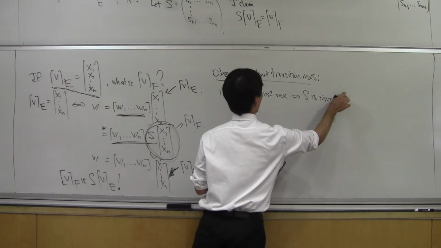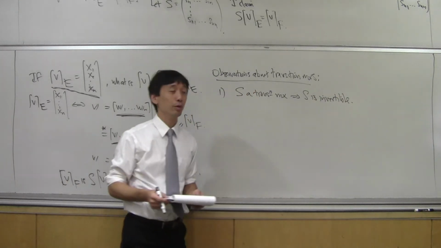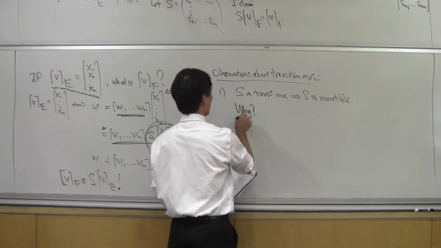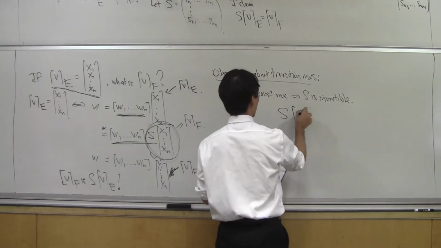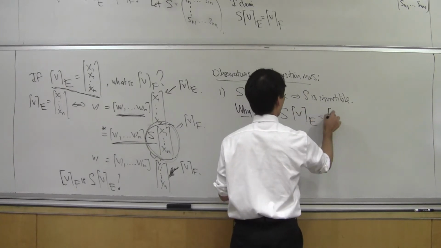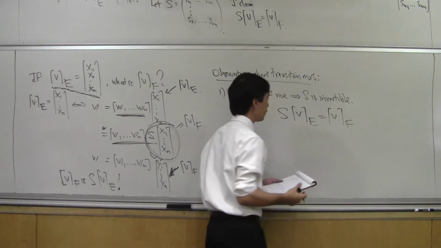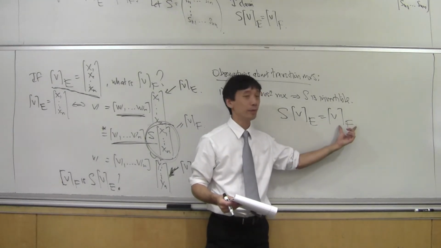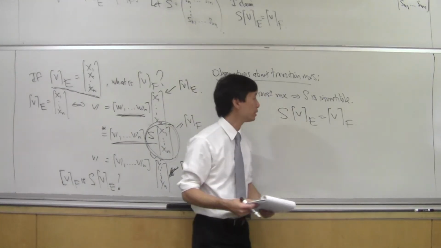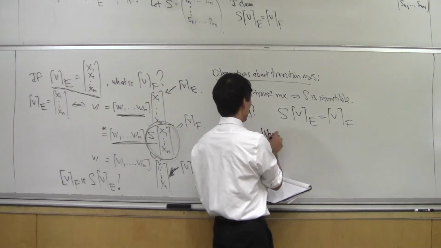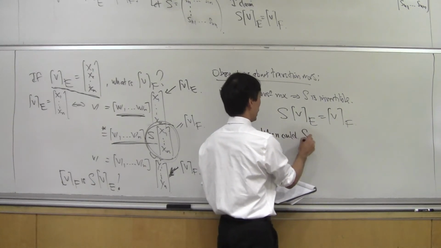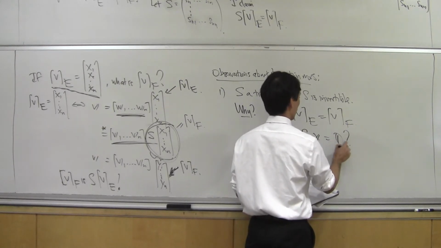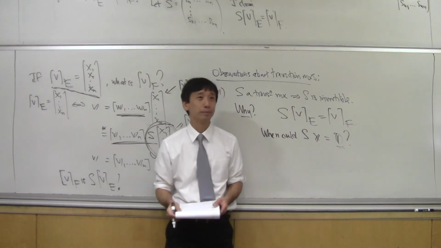Sort of basically alluded to already. Why does it happen? If you think S takes the coefficients with respect to the E basis and gives you the coefficients with respect to the F basis, when could S of something be 0?